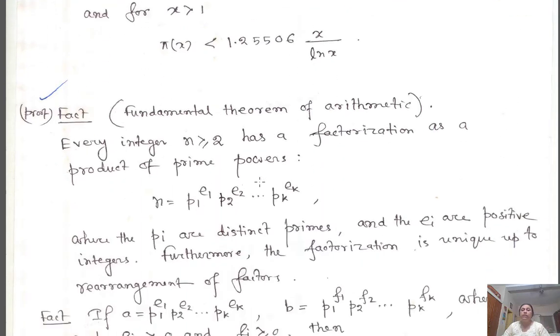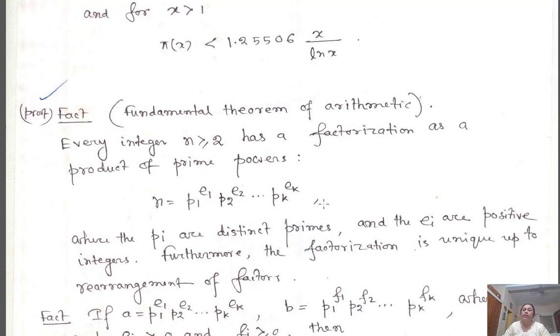And the fundamental theorem of arithmetic, essentially called the unique factorization theorem, says that every integer n greater than or equal to 2 has a unique prime factorization, unique up to the given ordering of these primes p1, p2, ..., pk. So every integer can be written as a product of prime powers: n is p1 to the power e1, p2 to the power e2, ..., pk to the power ek.